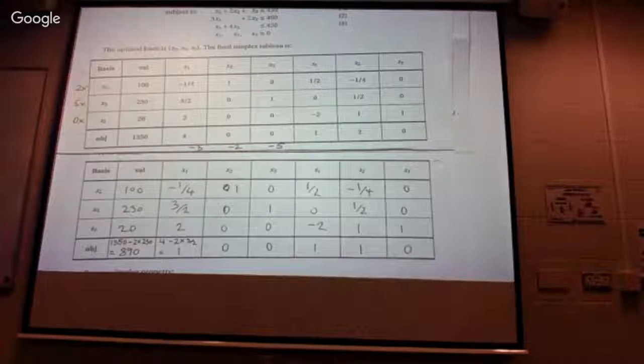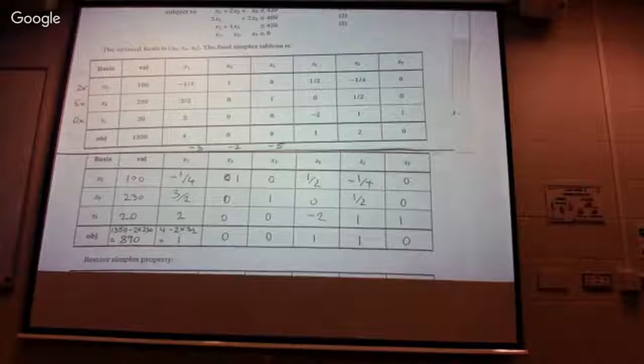Okay, I've not done any magic. I just copied all the numbers. Are they correct? Okay, so this is what you do. Why does it say restore simplex property? Well, it has simplex property, so why does it say restore simplex property?